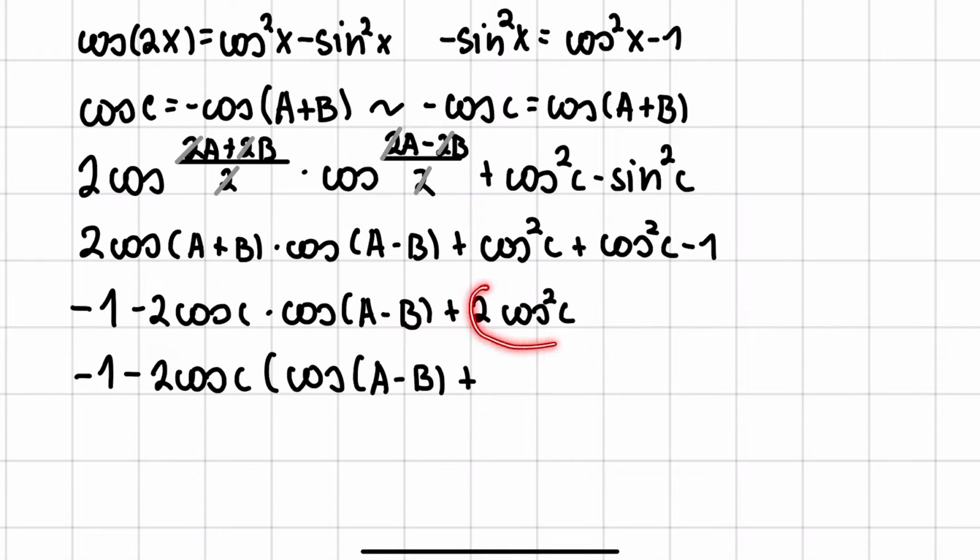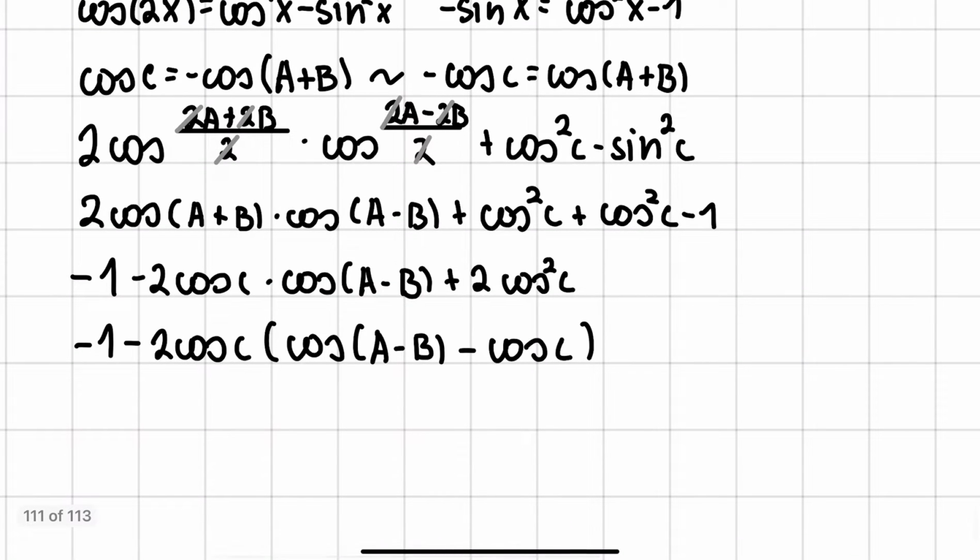So what am I left with? If I divide this by minus 2 cosine of C, what am I left with? I'd say minus cosine C. Right. And we can manipulate this in order to be able to work with it, because in this form with a C, I can't really combine them, but it's okay.